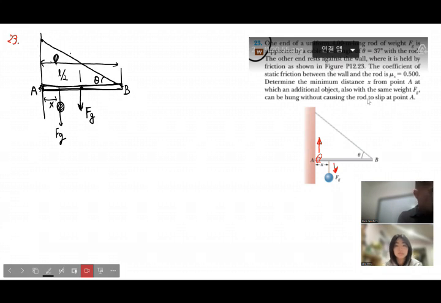So first of all, you look at the force exerted on this center of mass, the force downward at Fg.